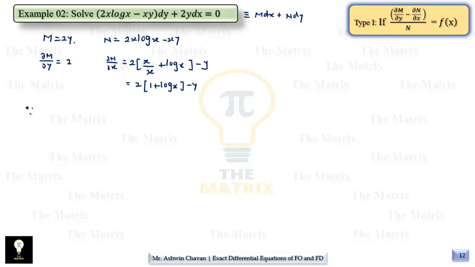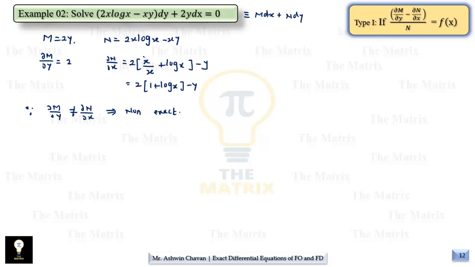Since ∂M/∂y is not equal to ∂N/∂x, the given differential equation is non-exact. They must be equal, so we go for finding an integrating factor. By observation you can see that the subtraction of ∂M/∂y and ∂N/∂x is some addition or subtraction of the functions.